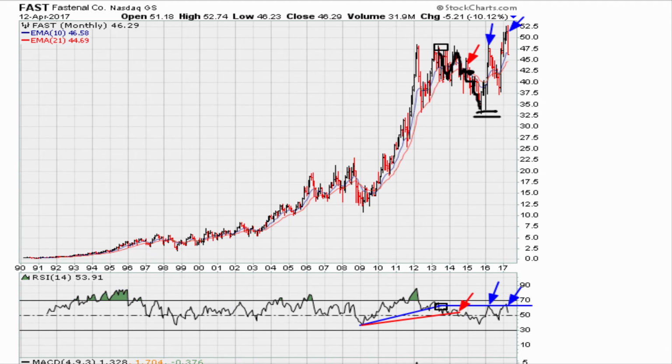Take that information and extend this red line, and there you have it. We see that yet again the stock has tried to move above the red line here at the beginning of 2016, which is here, and was rejected, and it moved from about 47 to the lows here of about 37. And now in the current market we've hit that same line and the stock is pulling back.